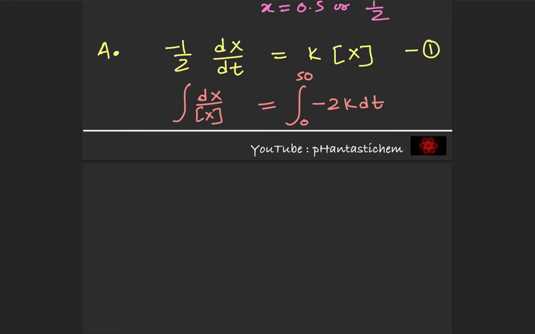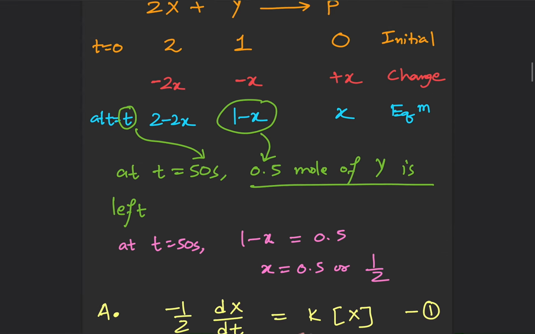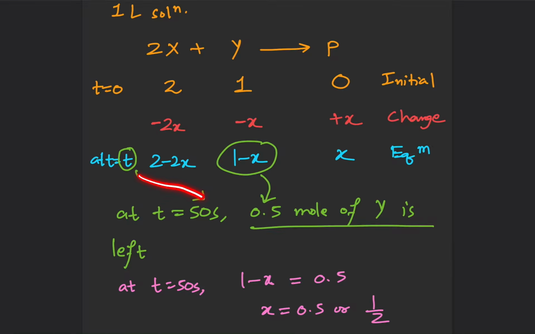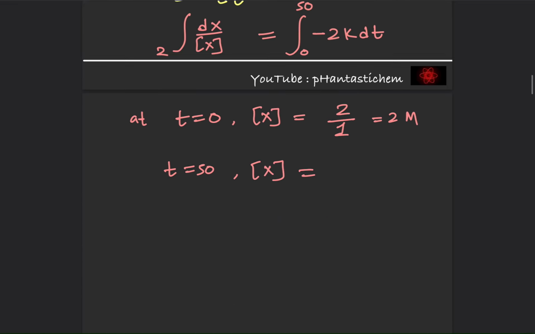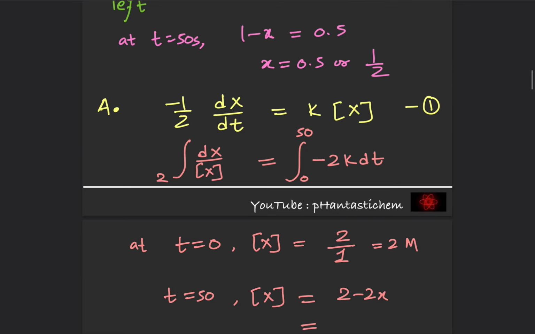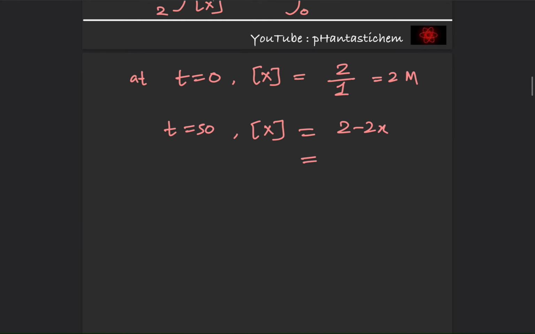To find the limits on the LHS, at time t equal to 0 the concentration of x was 2 moles divided by 1 liter, so it is 2 molar. At time t equal to 50, the concentration of x is 2 minus 2x, and x is 1 by 2.